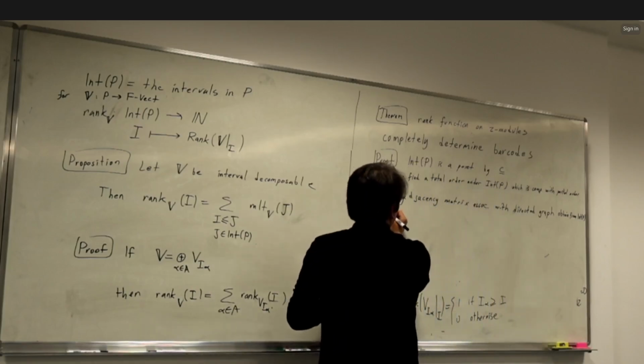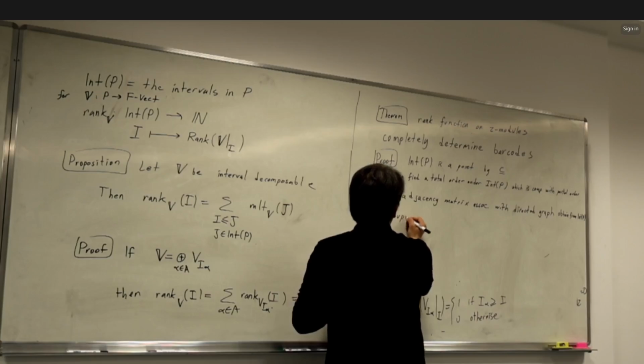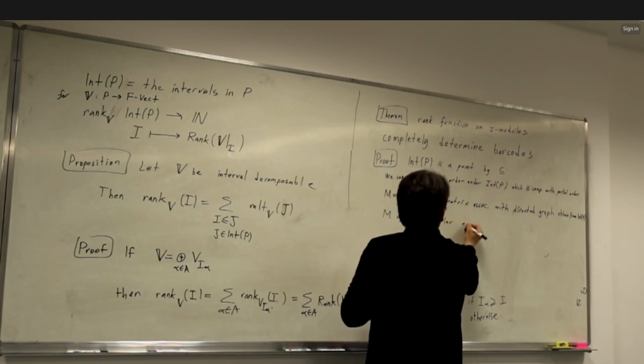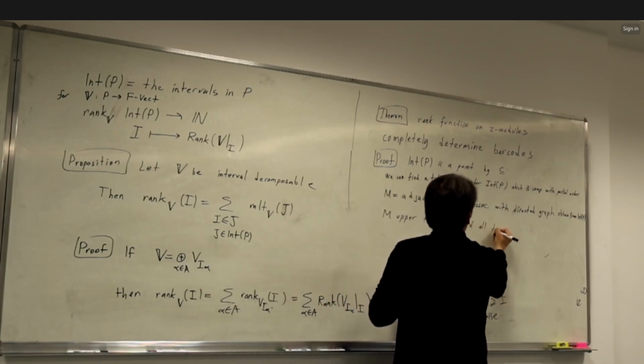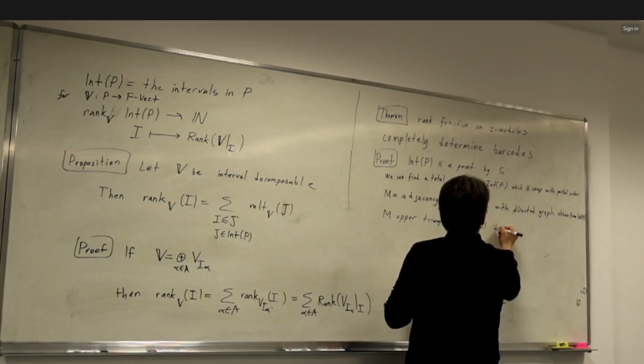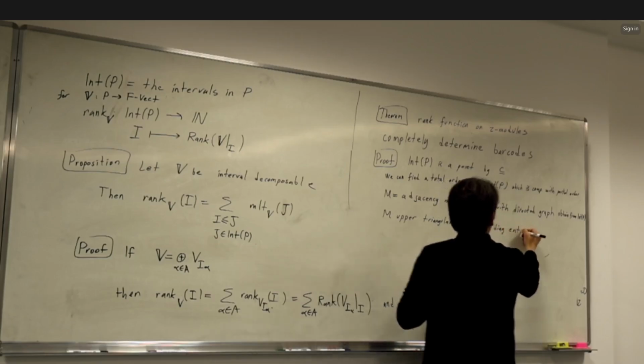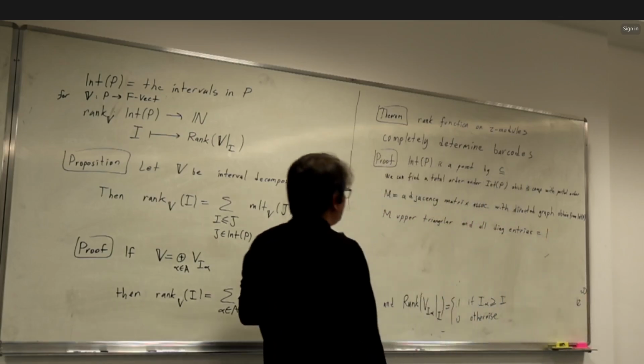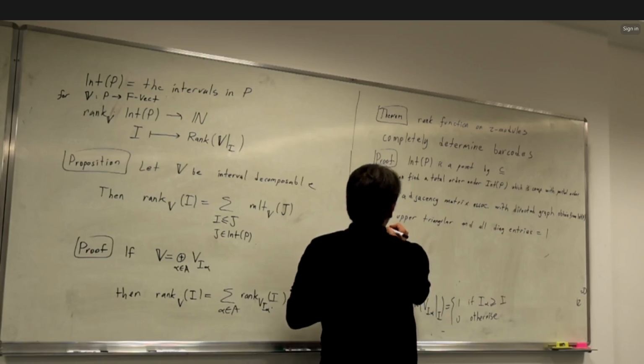Then, well, M is upper triangular, and all diagonal entries are 1. So M is invertible.